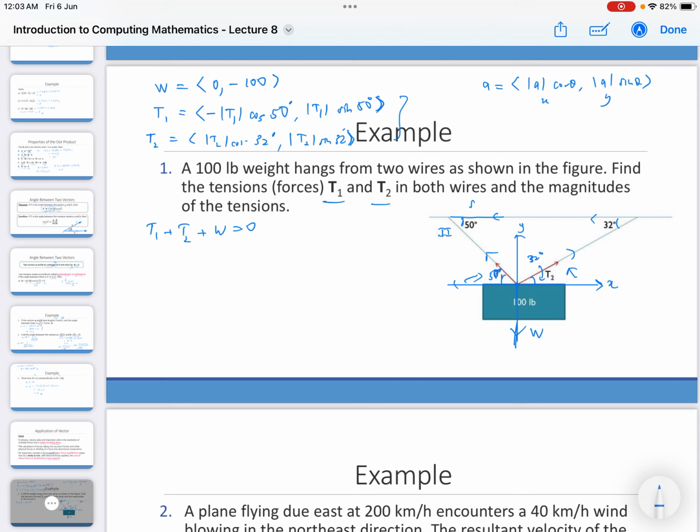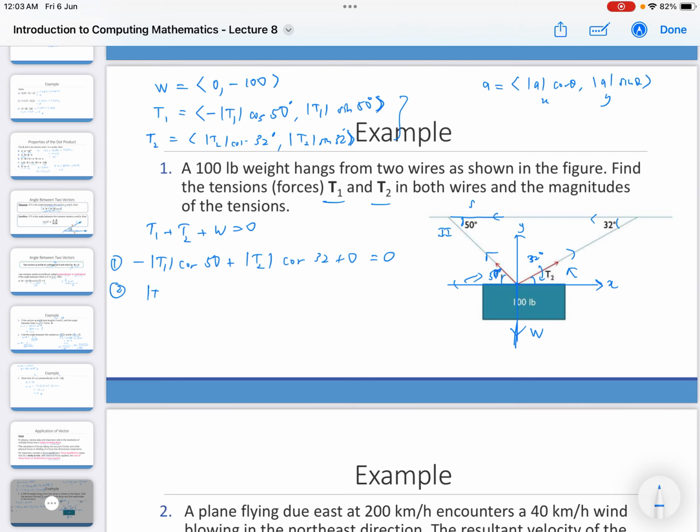So let's add the first components. We have negative norm of T1 cos 50, plus norm of T2 cos 32, plus 0 equals 0. This is number 1. And then we can add the second components.